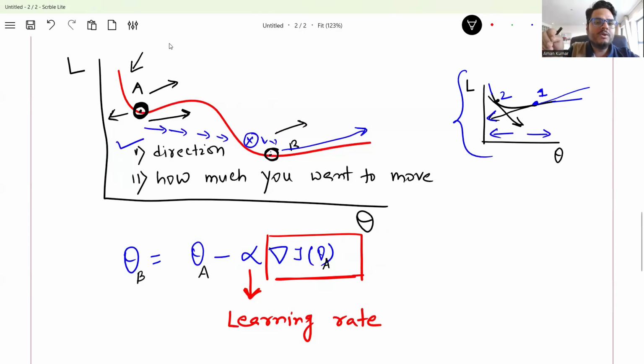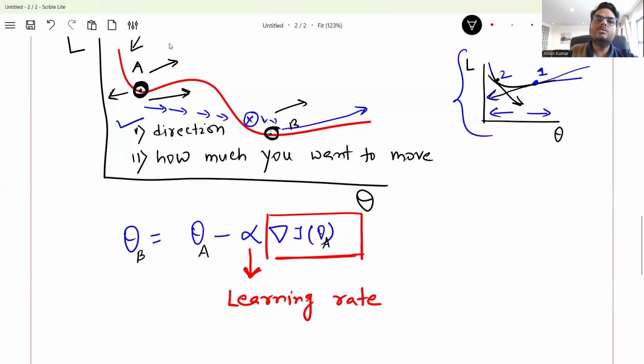The other is step size, because I told you the problem is if I move too fast, I may miss this point. If I move too slow, it may take a lot of time to reach this point. What should happen is I should have an optimal step size. How to take that optimal step size is by combining two things: one is learning rate and the other is the gradient direction.